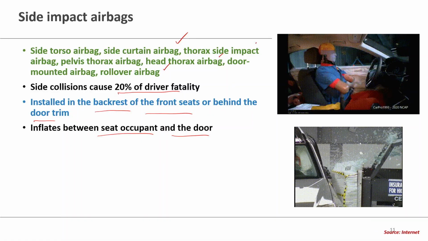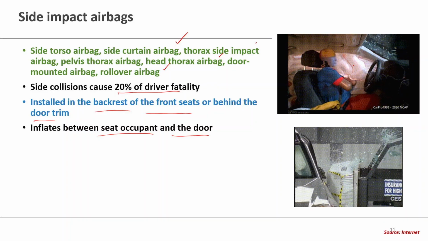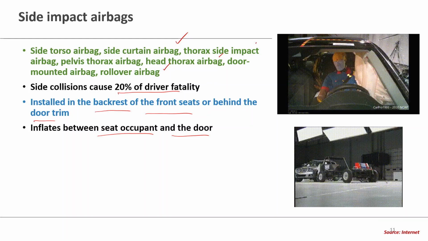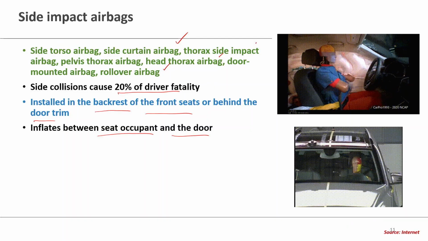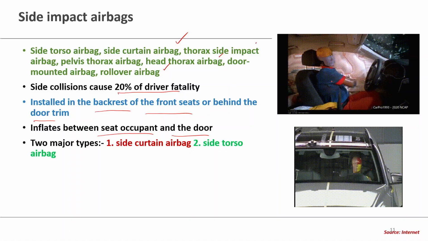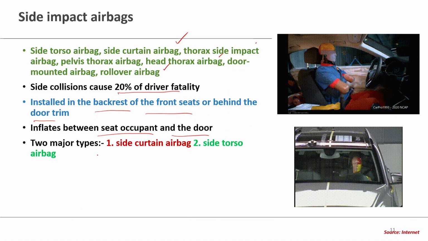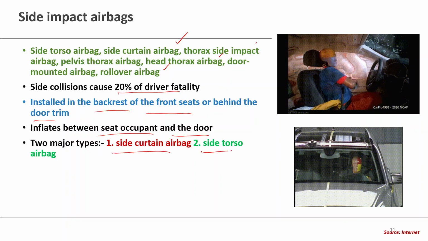During that time it is inflated between the door and the occupant, so that it will inflate immediately. Two major types: the side curtain airbag and the side torso airbag.